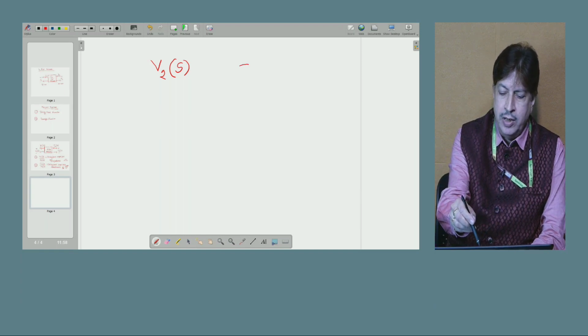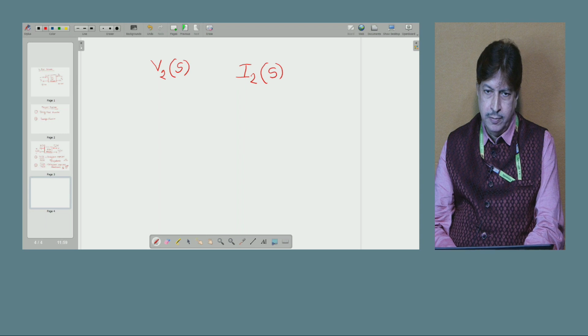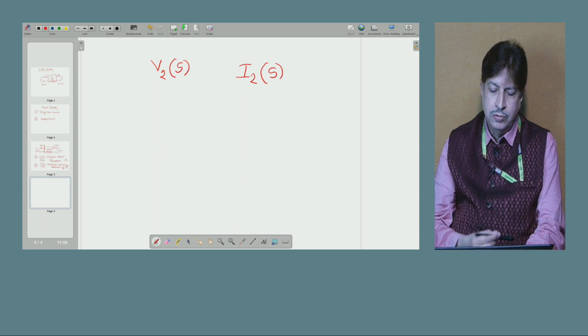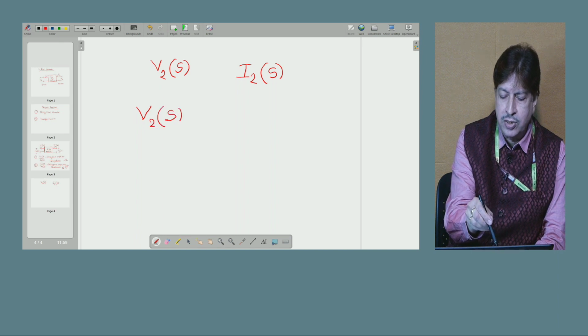The second one is the Laplace transformation of the output current variable. Now, for the driving point function on the output side, I can think of one of the driving point functions as V2(s) by I2(s).